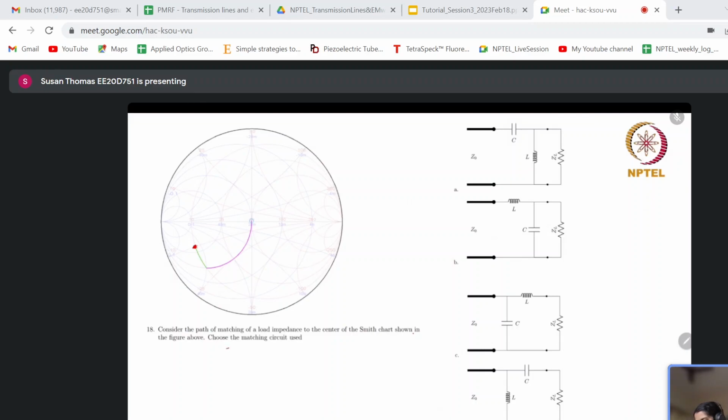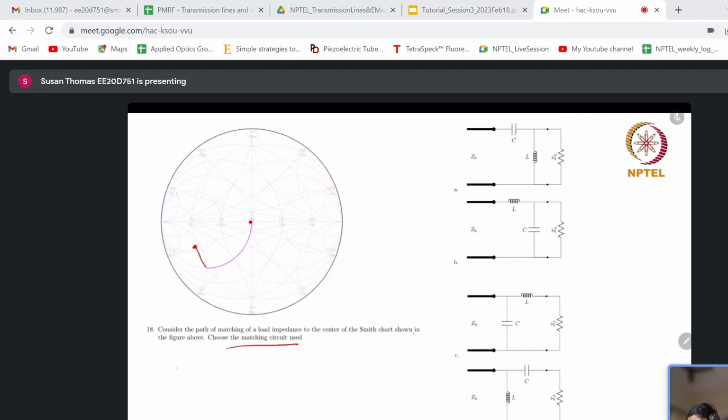Choose the matching circuit used. We know that the matching has happened from here to here and then here to here. From this load point it has come to the matching point, so it has moved along the constant R circle.